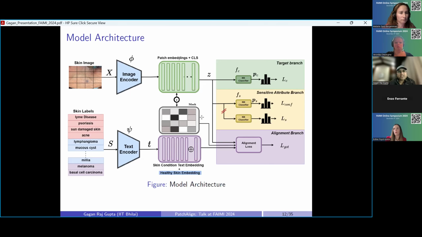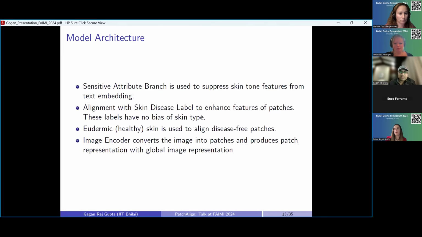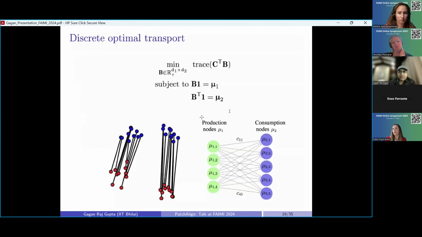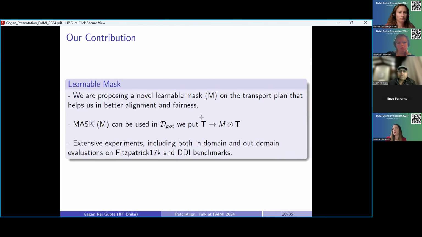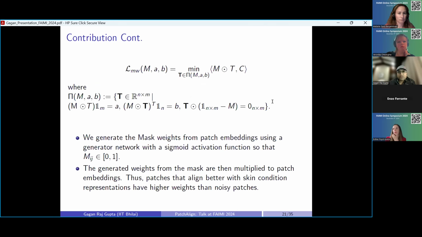But those patches whose embedding is noisy and they don't really look like diseases, we would try to suppress. So this is the intuition, but there is a math behind that, where we have put it in our loss functions. I'll not go over the math in so much detail right now, but just the intuition is that we want to mask out those regions which are not very interesting.